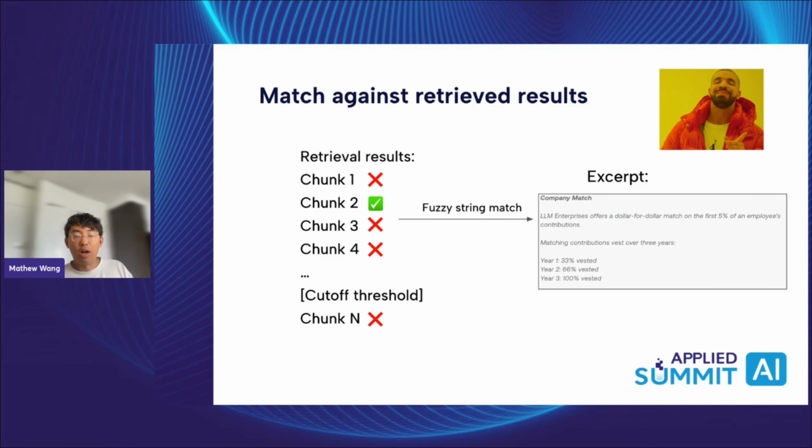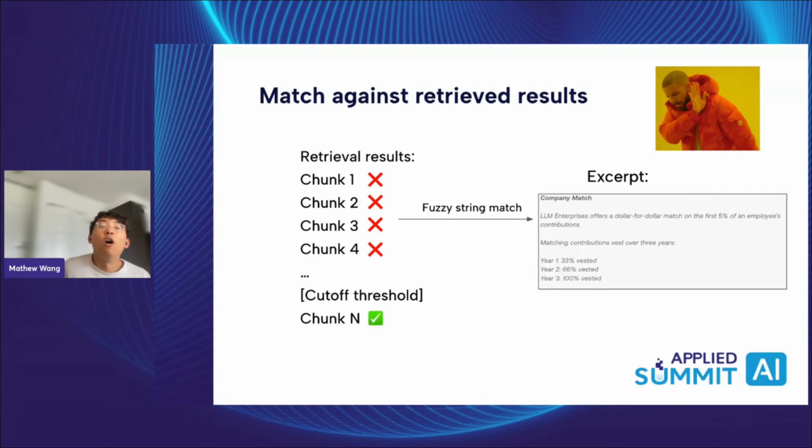A successful retrieval case would be the excerpt appears highly ranked in your retrieval results. It surpasses the cutoff threshold. So we would know that if a user asked this question in production, this information would be included in the LLM prompt. The LLM would be able to generate a correct answer.